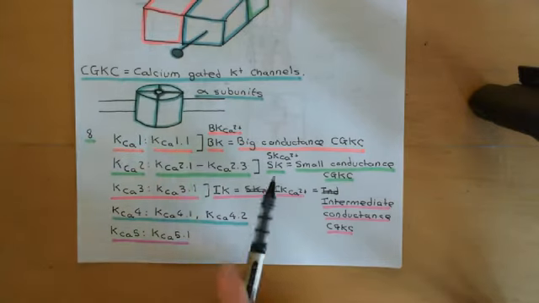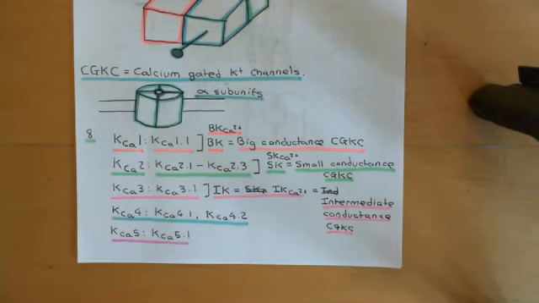Now SK channels and IK channels are actually extremely similar. The alpha subunits have the same overall structure, and the gating mechanisms are believed to be very similar. And indeed, there is a movement to having the IK channel here considered another type of SK channel.